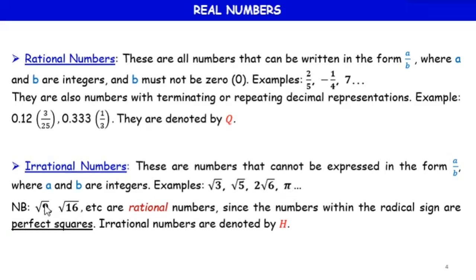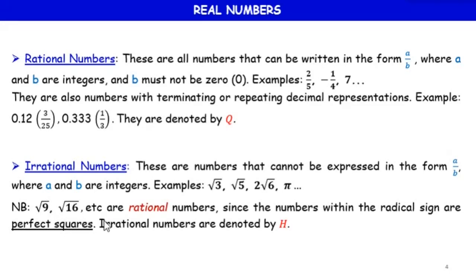Now, but please take note of this. The root of perfect squares are rational numbers, because the solution for the root is going to give you what? It's going to give you a whole number. So for instance, the root of 9 is going to give you 3.